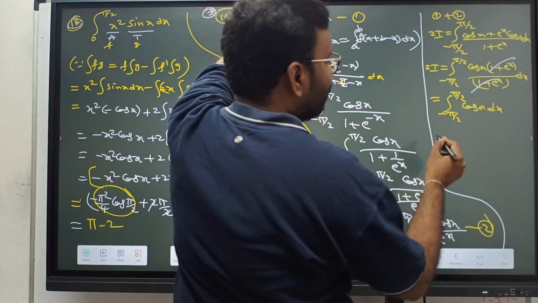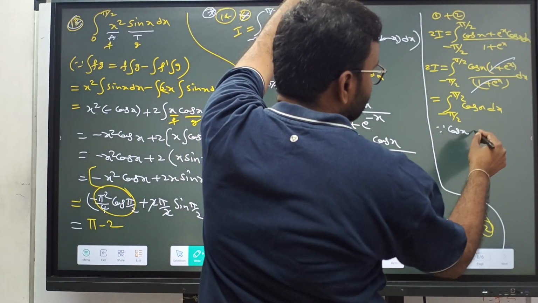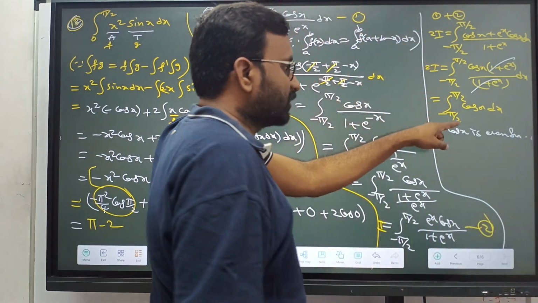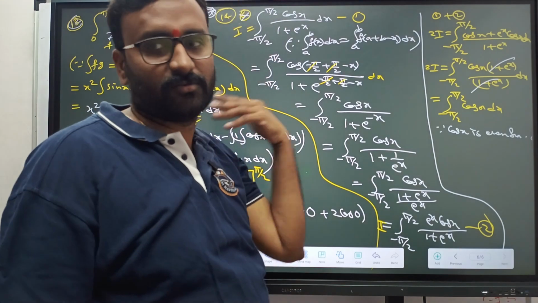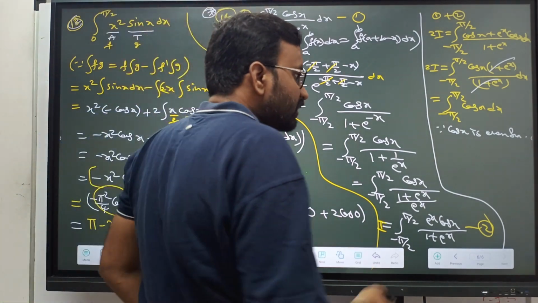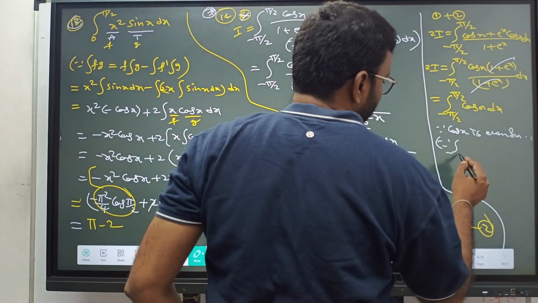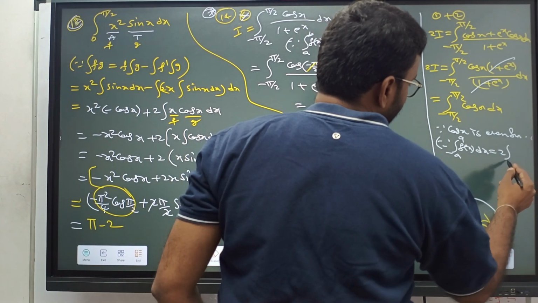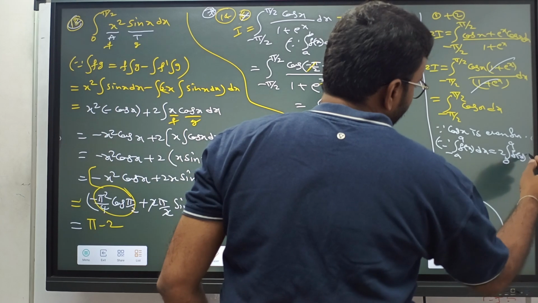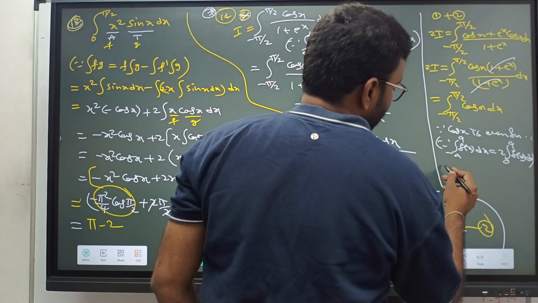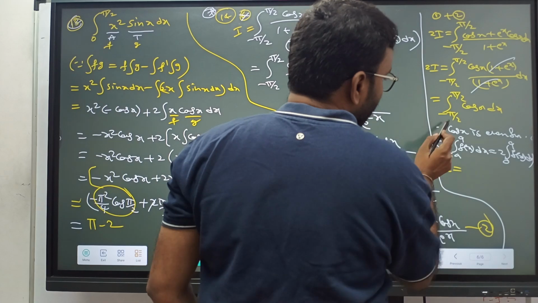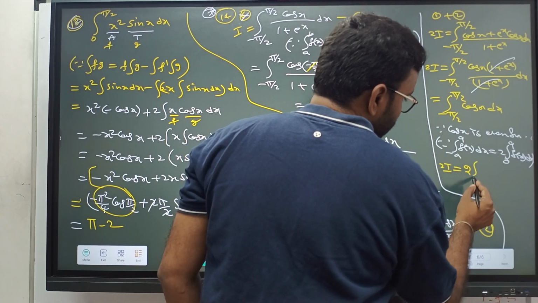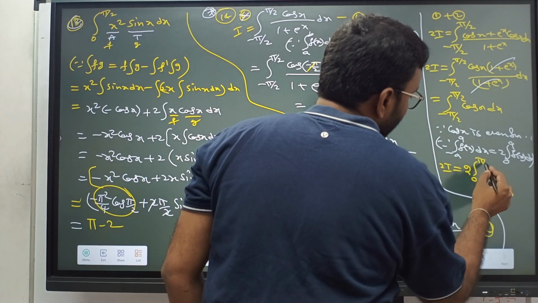Since cos x is an even function, because if you write minus x in place of x, again cos x only. Since it is even, we have the property integral minus a to a f of x dx equals 2 times integral 0 to a f of x dx. I gave you this property already. So 2I equals 2 times integral 0 to pi by 2 cos x.